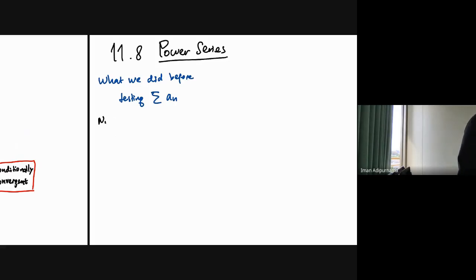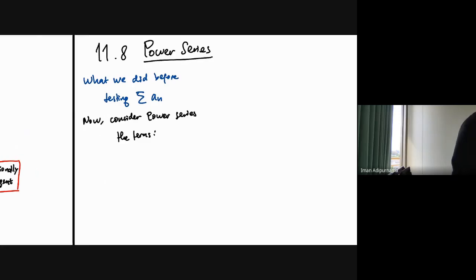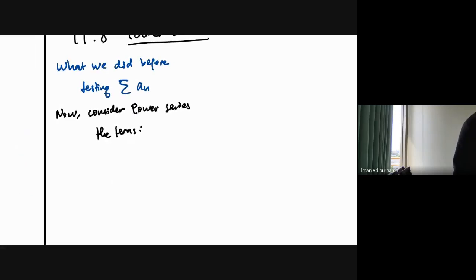Now we consider our series where the terms include a power of the variable x, or we could say we write the series as Cn x to the n.